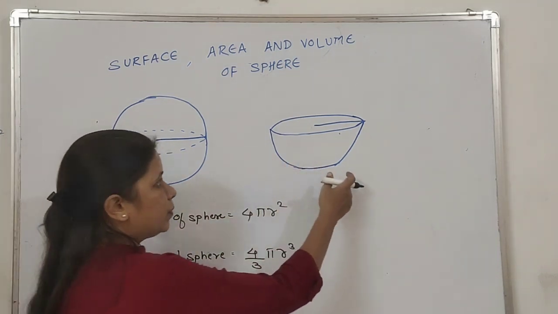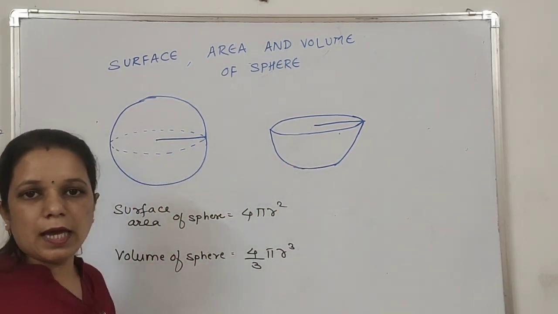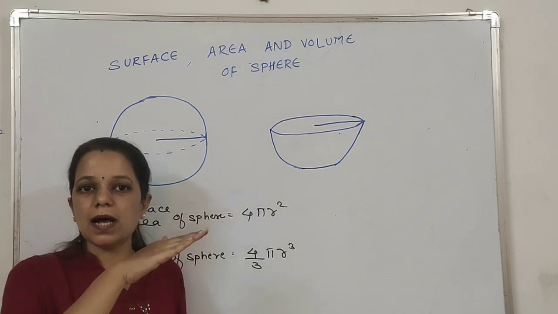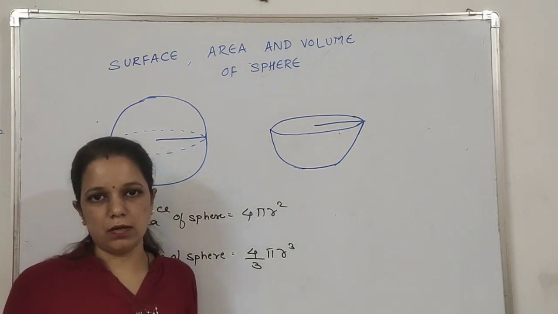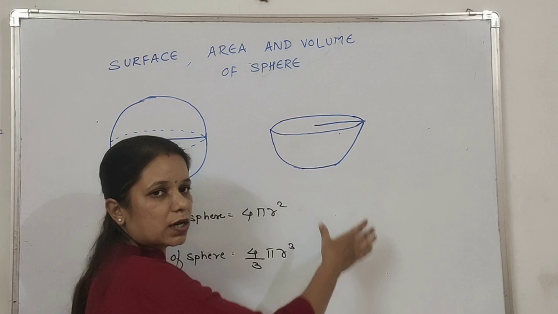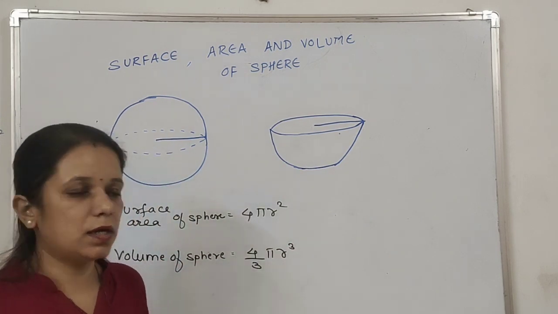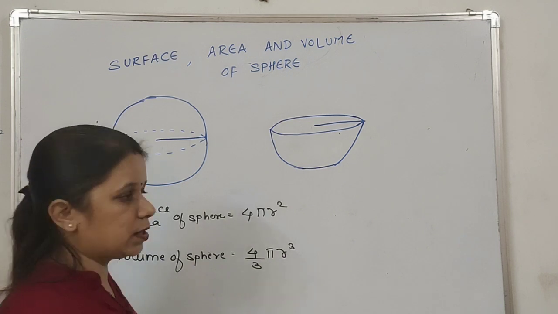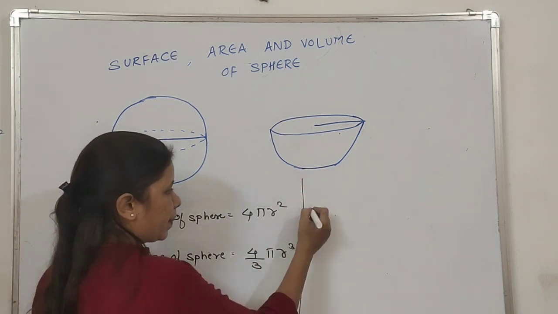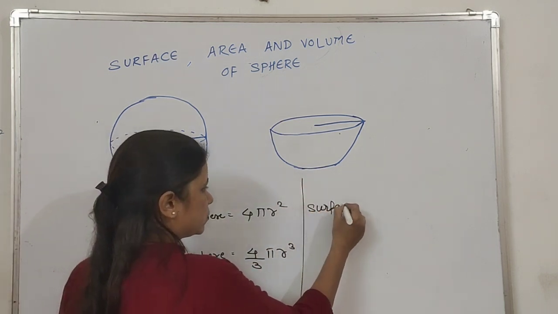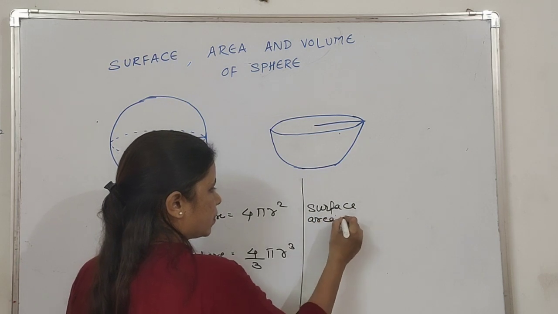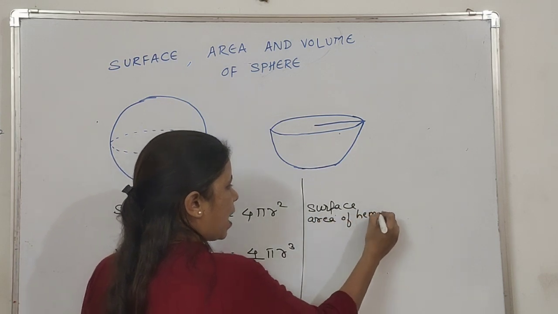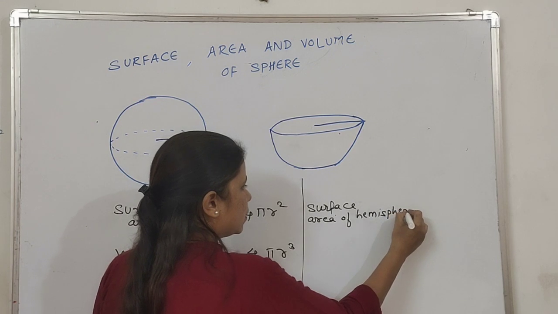Now we will come to hemisphere. Hemisphere means half sphere. Okay, so here I have drawn the figure also for the hemisphere. So the surface area of a hemisphere is half of a sphere.